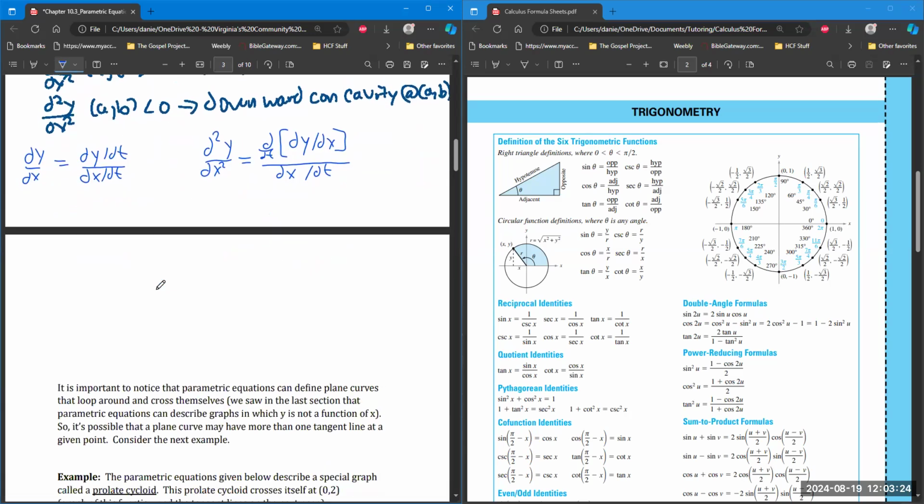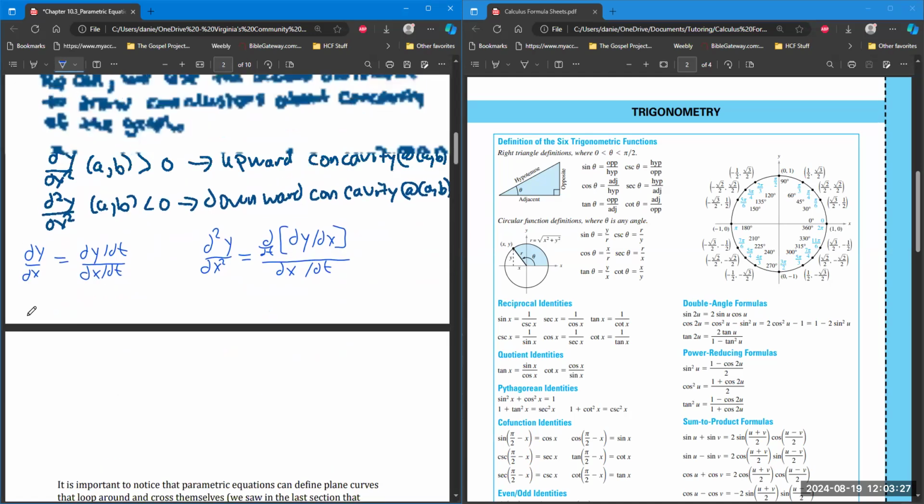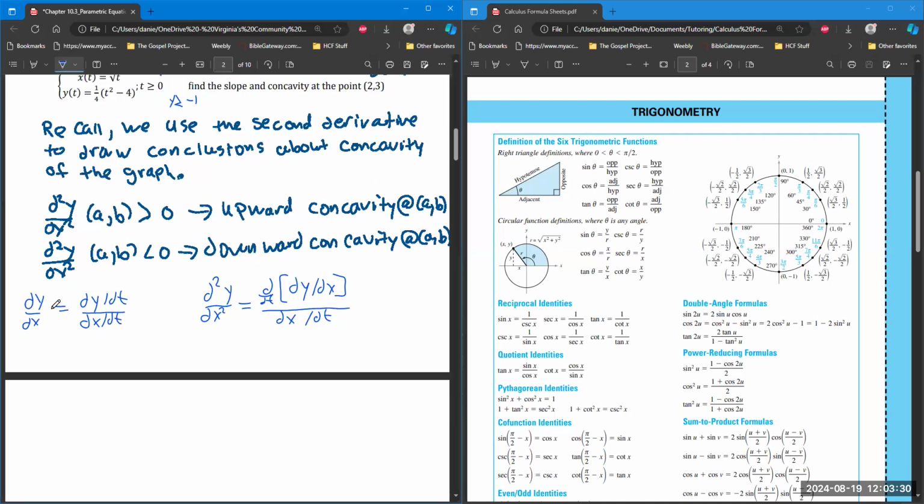So let's go ahead and look at what dx/dt and dy/dt will be. x of t is square root of t, which is t to the 1/2, and y of t is 1/4 t squared minus 1. So dx/dt is equal to 1/2 t to the negative 1/2, and dy/dt is equal to 1/2 t.